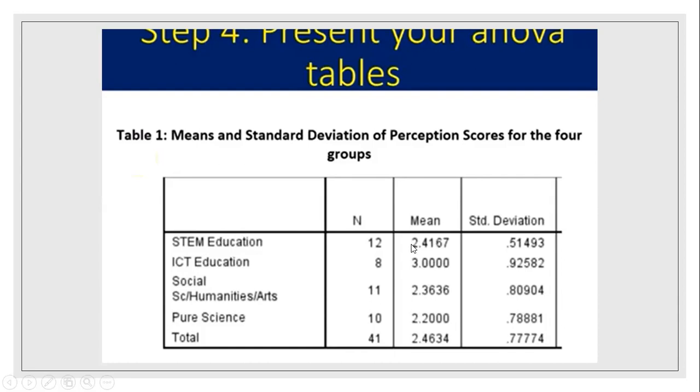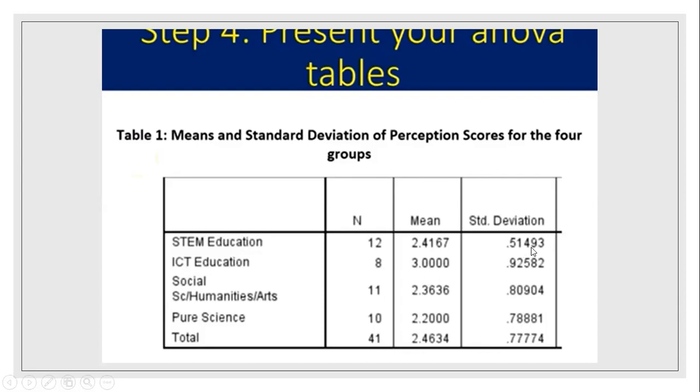So if you are presenting this, you will say 2.42. When you approximate all this, this is 2.42, 3.00, 3.36, this is 2.20, and this is 2.46. Then for your standard deviation, this is where we are actually getting all the variances from.